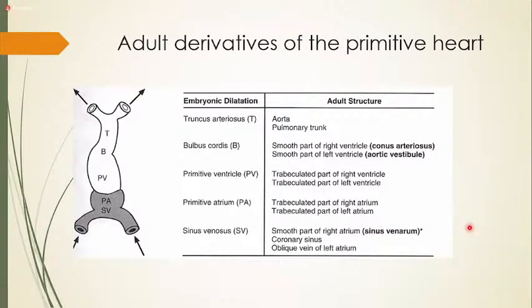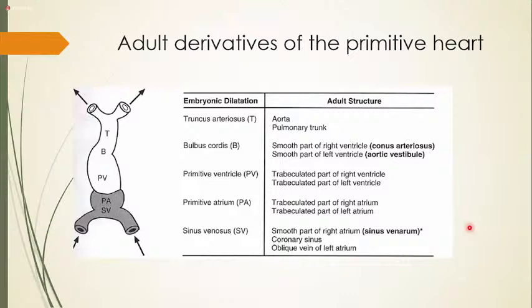Good. So from the truncus arteriosus, we get the adult aorta and the pulmonary trunk. From the bulbus cordis, we get the smooth part of the right ventricle, the arteriosus, and the smooth part of the left ventricle, which is the aortic vestibule. From the primitive ventricle, we get the trabeculated part of the right and left ventricle.